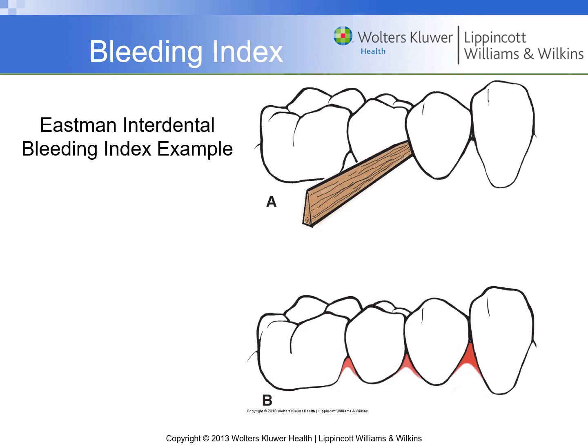It's actually a home care product aid that some people like, especially if they have large spaces between the teeth. So what you do is wet that, and you go in between each one of those teeth, just in and out. And then when you take it out, you'll see how much bleeding there is, or if there is any.